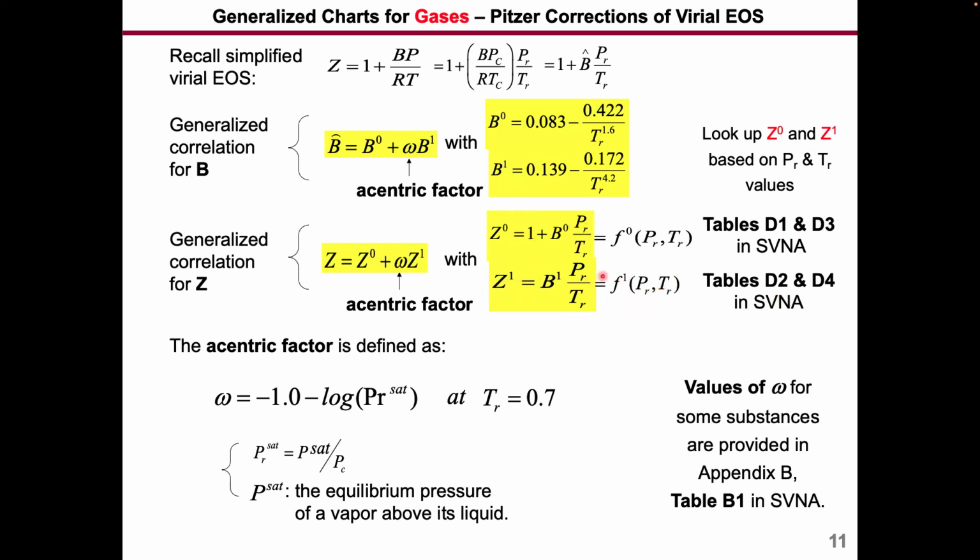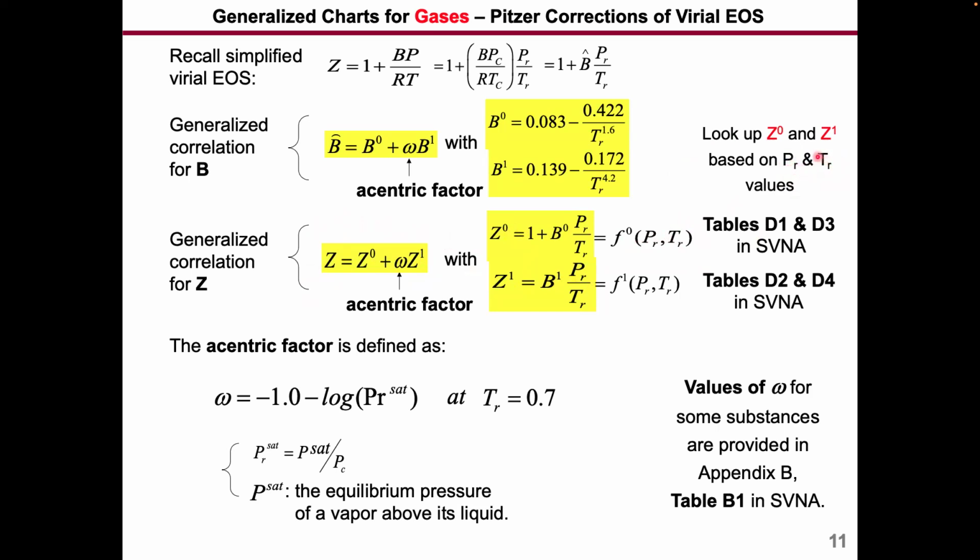So now, basically, these values are already compiled in tables in the textbook, right? Tables D1 and D3 give you Z0, and tables D2 and D4 give you Z1. As long as you know TR and PR values, you can look up Z0 and Z1. Once you look them up, you plug into this equation. And if you know the species, you find the omega value, and then you can calculate Z for your particular gas at those particular TR and PR values.